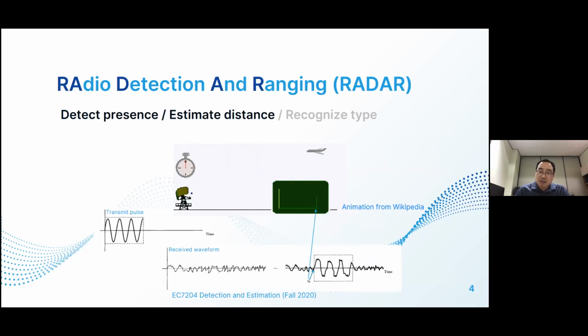If there is a target, there will be a noisy version of the transmitted pulse. If we can find it, that's a detection problem. And if we know when it comes, since we know the speed of light, we can estimate the distance. So detection and estimation are typical functions of radar.